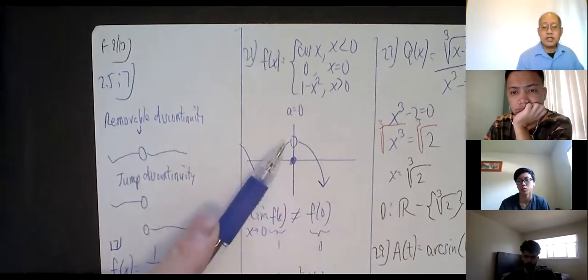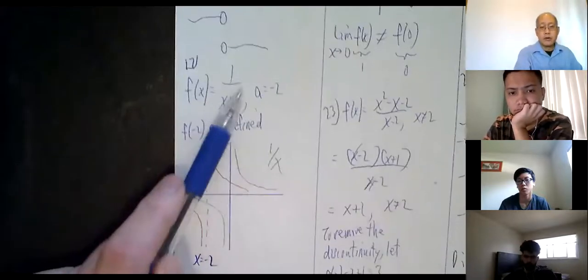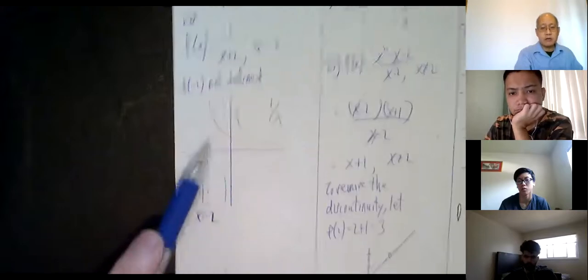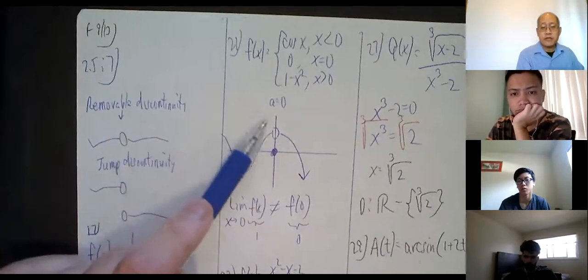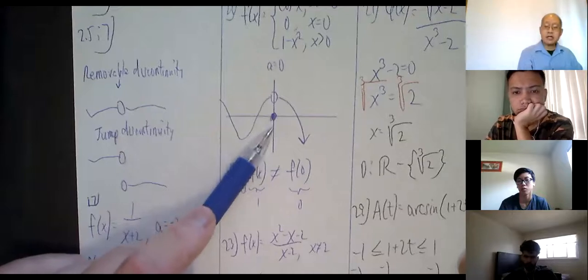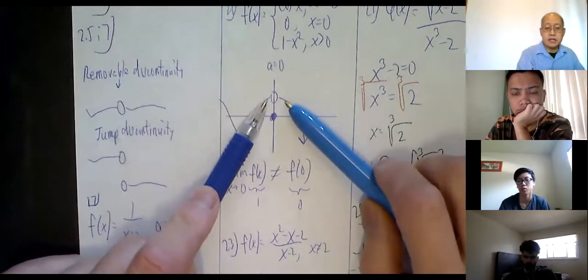All right, so why is the function discontinuous here? The function exists. Unlike this one, when we say a equals -2, well, the function is not even defined. Here, we're asking for continuity at a equals 0. The function exists. The two-sided limit also exists.